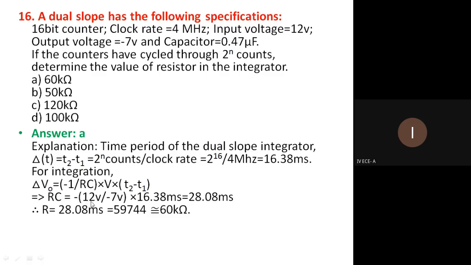So it gives minus 12 volt divided by minus 7 volt into 16.38 milliseconds. It gives the value 28.08. So R value, approximately for R is equal to 28.5 milliseconds, which is 59,744, approximately 60 kilo ohms.